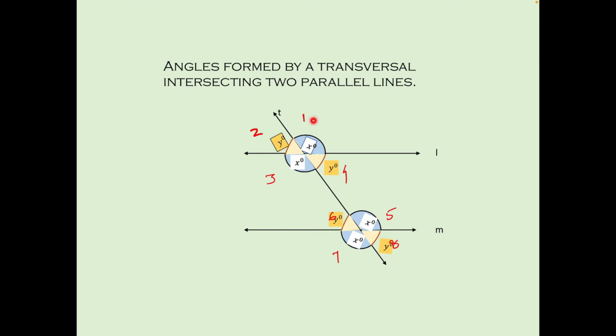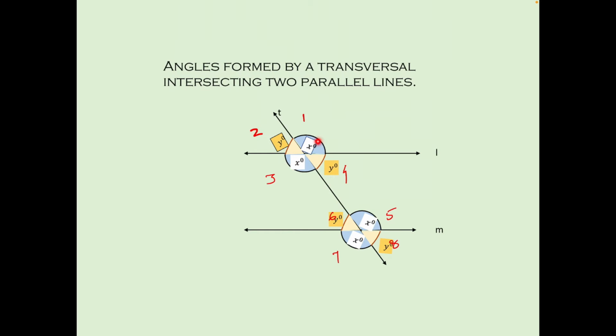So if you are given angle number 1, for example, you can find the remaining 7. You can say 1 is x degrees, so that means 3 will be x degrees only because they are vertically opposite. Now, since 1 and 2 form a linear pair, that means 180 degrees. Or say 1 and 4 form 180 degrees, 3 and 4 again 180 degrees, 2 and 3 also 180 degrees.